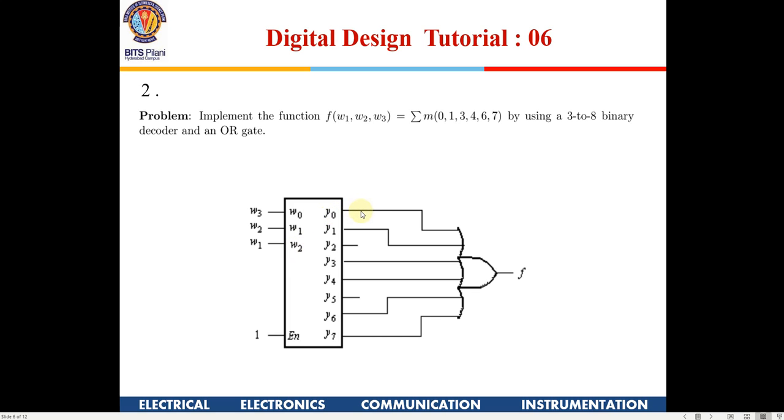So y1 is a min term, because when we give 001, y1 goes high. So these can all be called min terms. A function is just a collection of the required min terms. So simply we can connect the required min terms and put an OR gate.